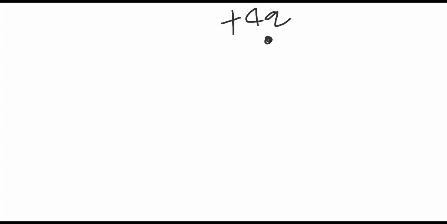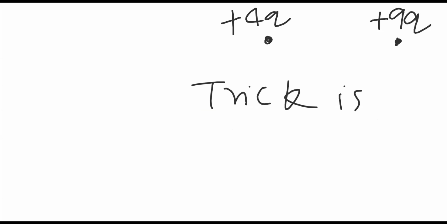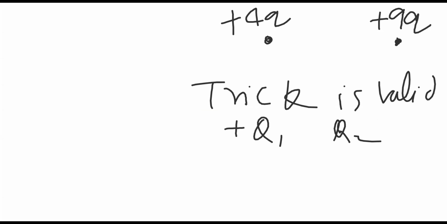Remember, whenever I'm taking this, my both side Q1 and Q2, left side and right side, should be positive first of all. Then after I can apply this formula. Either positive or negative, then also it is correct, but simultaneously, nothing will happen. This trick is valid for Q1 and Q2 at a time either positive or at a time either negative. Then it is valid.